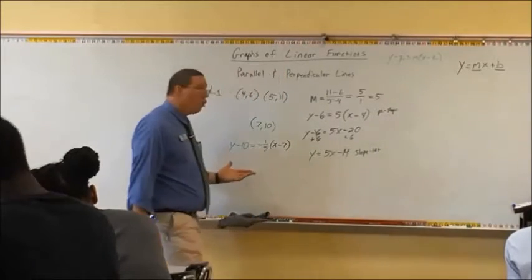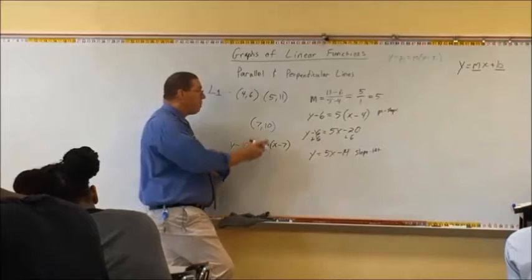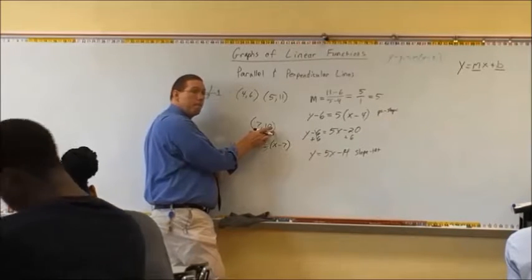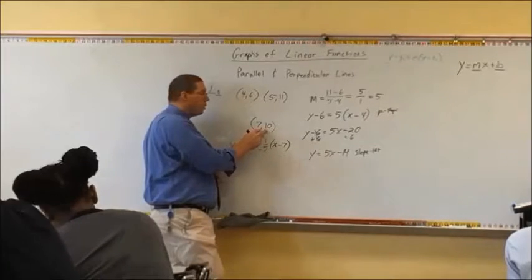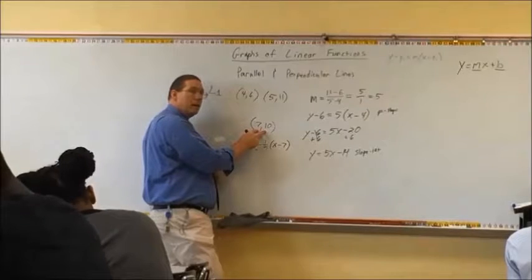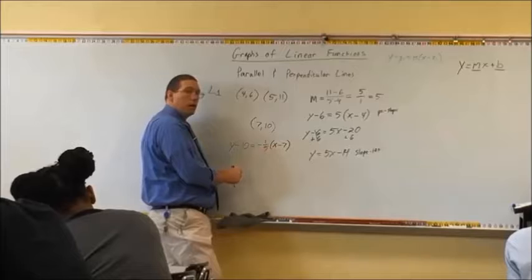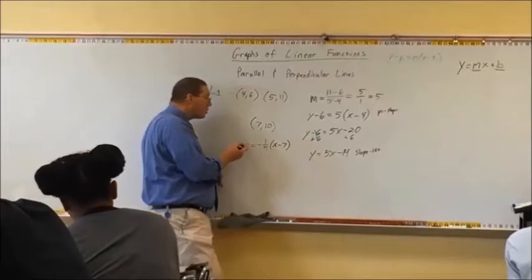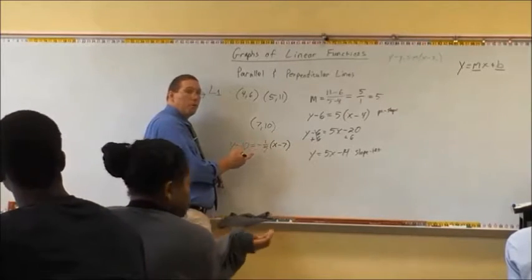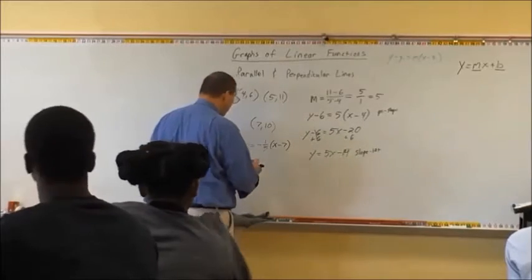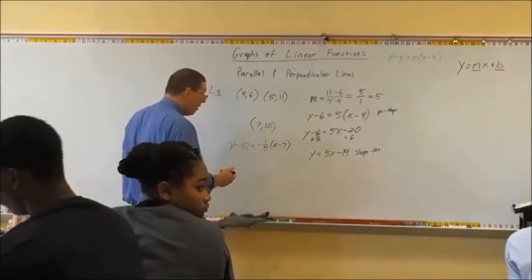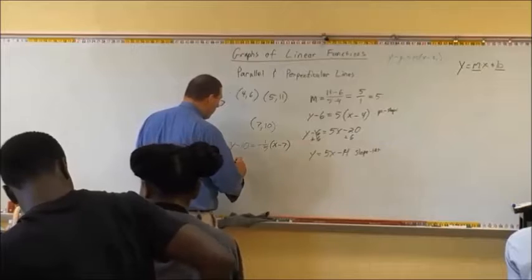Now that we have a slope, they gave us a point, right? So can't we just plug that point in here and here? Did you write it in slope-intercept form? All right, that's fine. I'm saying you don't have to, but okay.